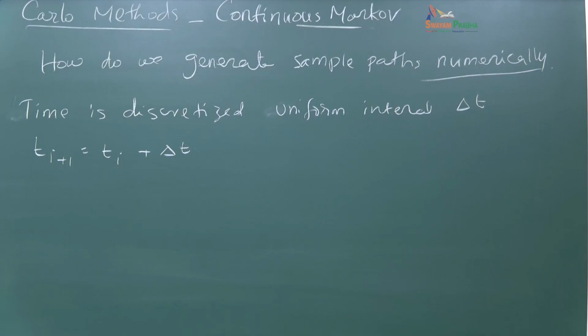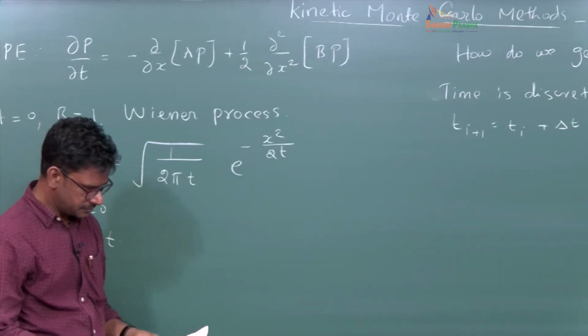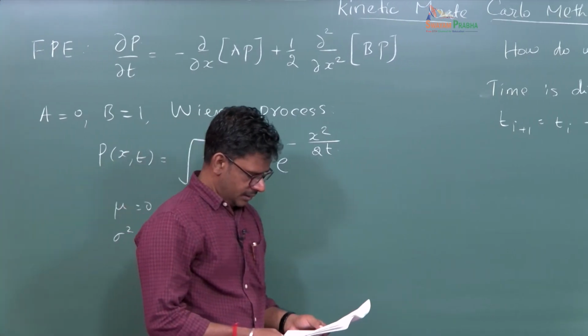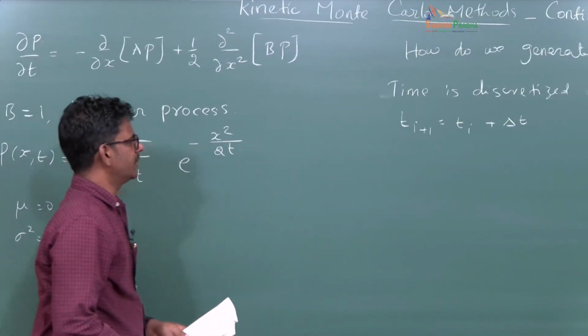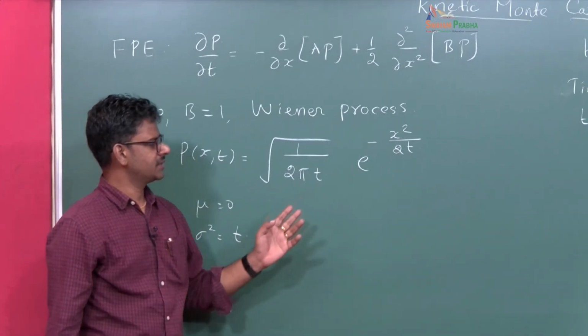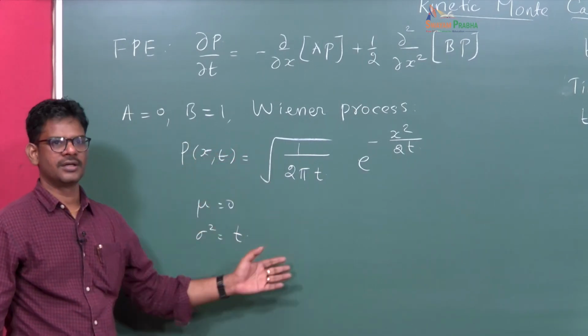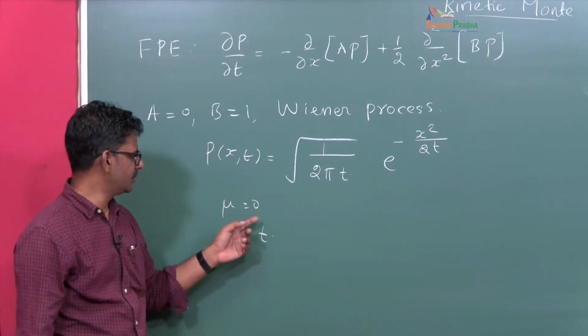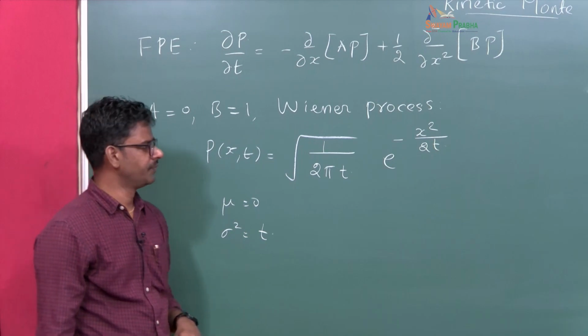Now for each time point Ti, we want to know the particle position that follows this Wiener process. We know from the solution of this Wiener process that this is a Gaussian random variable with mean equal to 0 and variance equal to t.